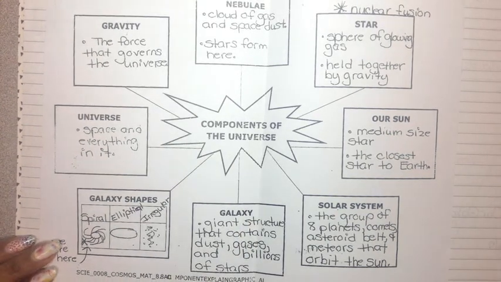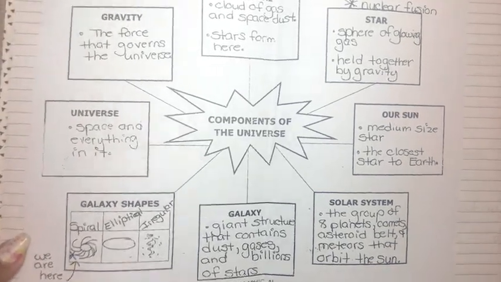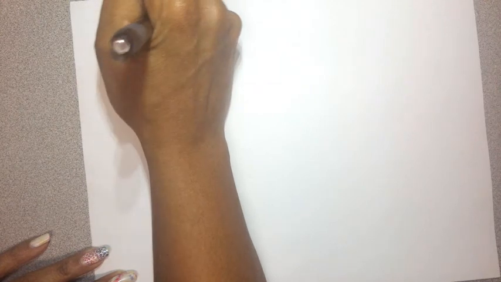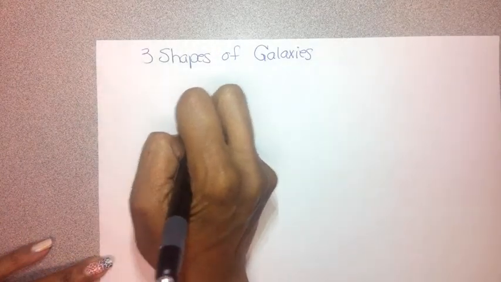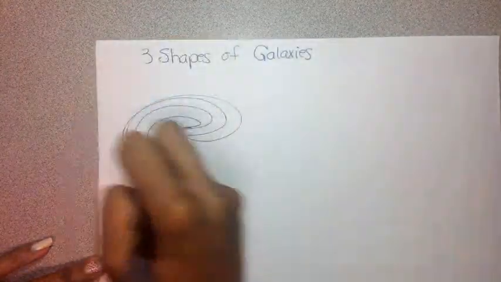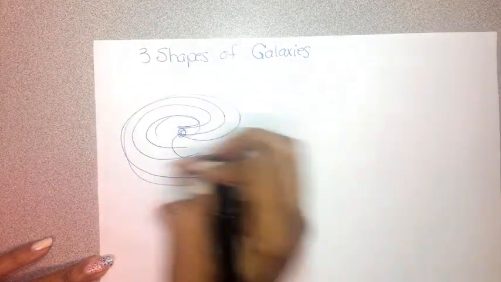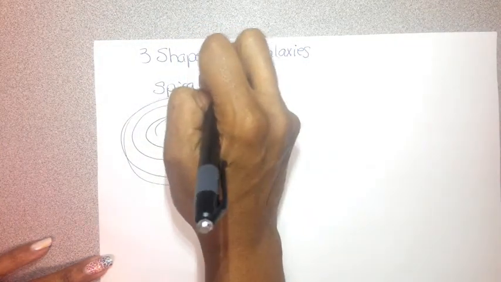The next thing we talked about is galaxies. We talked about the 3 shapes of galaxies. We have the spiral, which looks like a pinwheel.